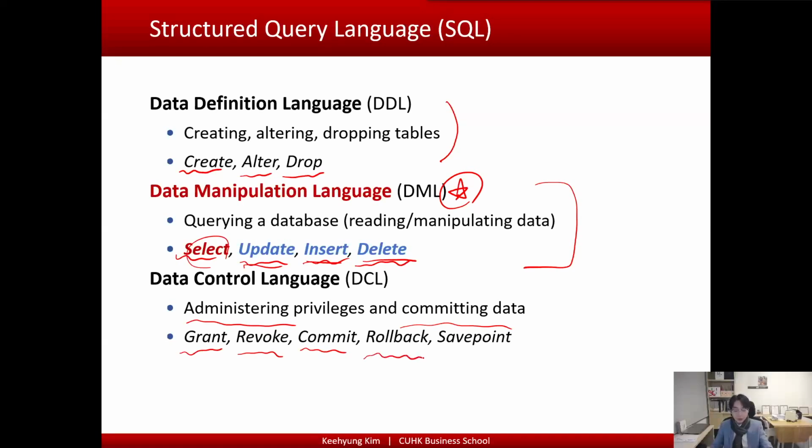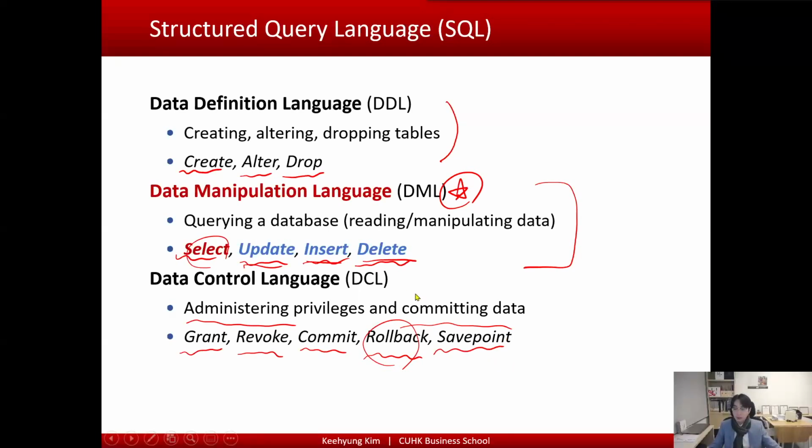And rollback is if there's any problem in the database system, they can roll back to the previous time step. So if wrong information is added into the database system, the administrator may roll back to make the system go back to the previous version. And save point is basically deciding where the rollback point will be.